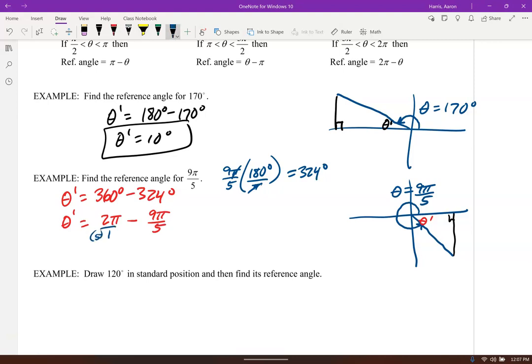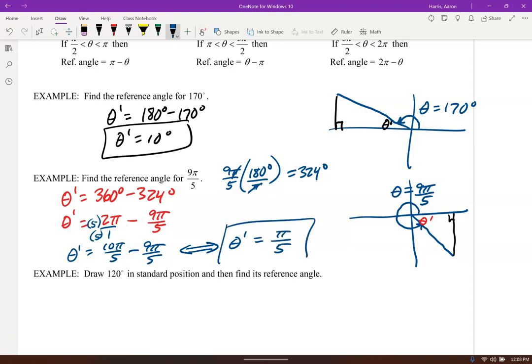Get a common denominator here. So our theta prime is 10 pi over 5 minus 9 pi over 5. 10 pi minus 9 pi is 1 pi, all over 5. So in other words, 36 degrees, right? 360 minus 324.